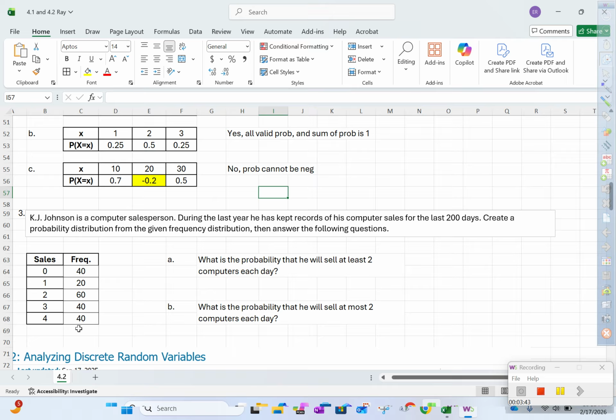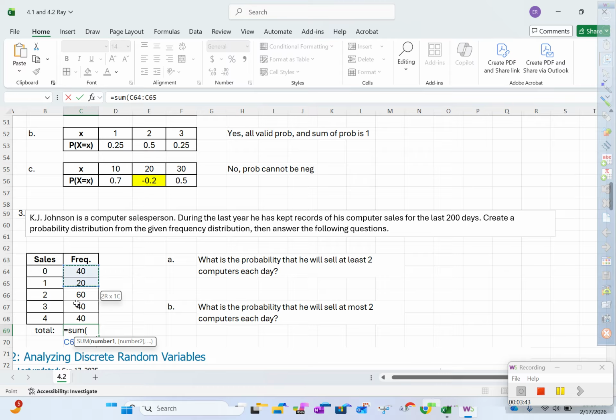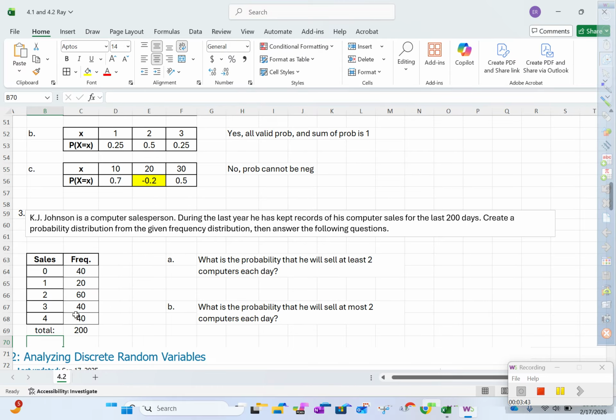So in general, just like with our probabilities up above, the first thing we want to do is figure out our total. And that's going to be the sum of our frequencies. Now in general, on this one, we know that our total is 200 because they gave that to us, but I likely will not, so it's good to know how to calculate that.